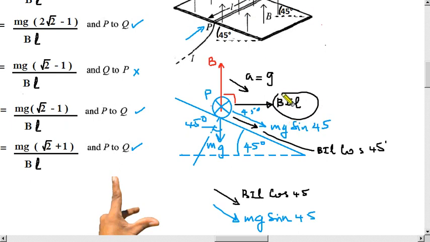We need the force towards the right side here, because we need the motion downwards. If we need the motion downwards, we need the force towards the right side. If we need the motion upwards, then we need the force towards the left side.